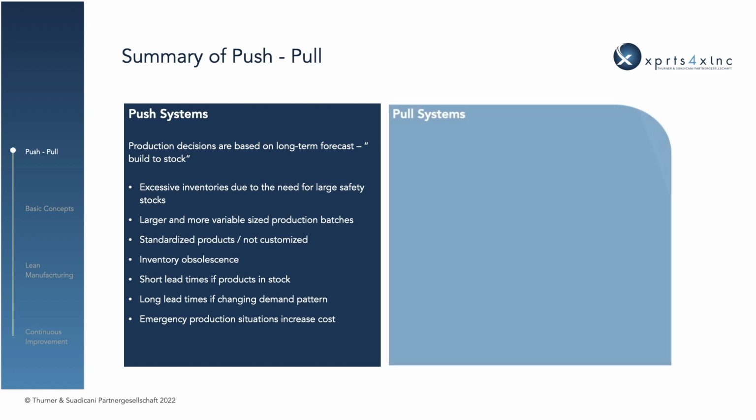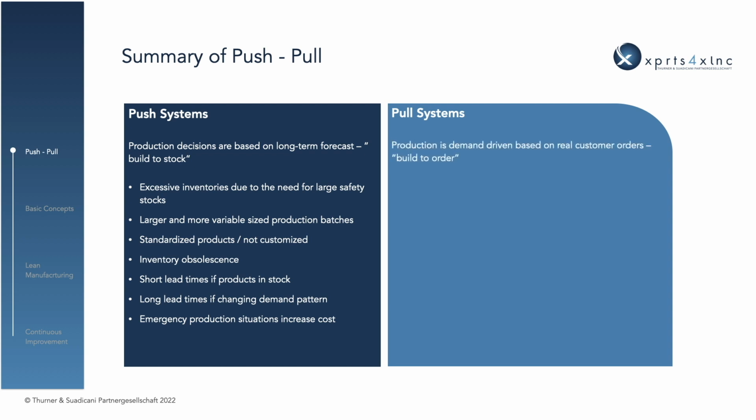In pull systems, production is demand-driven based on real customer orders. This is called build-to-order. The key properties of pull systems are: information must flow fast across the overall supply chain, production and distribution systems must be adaptive and flexible with higher skilled people.